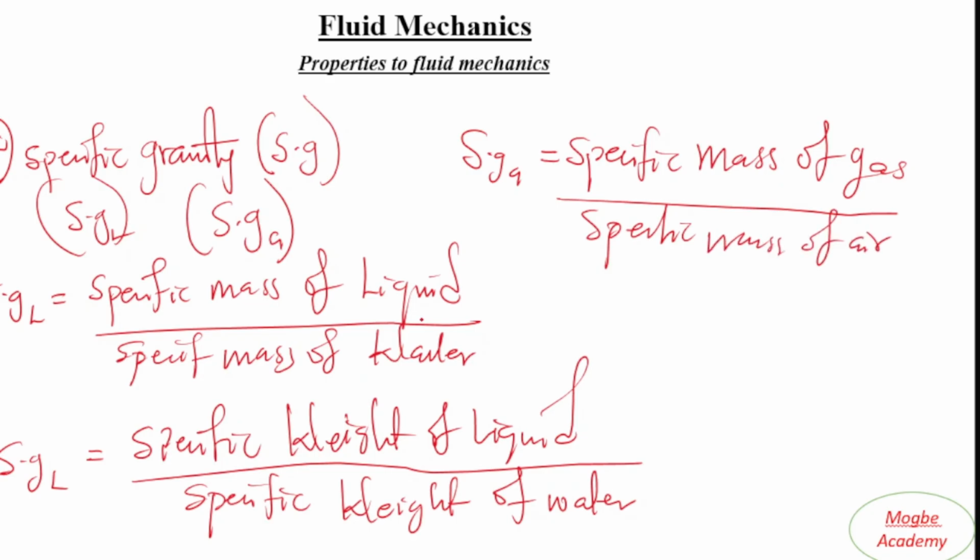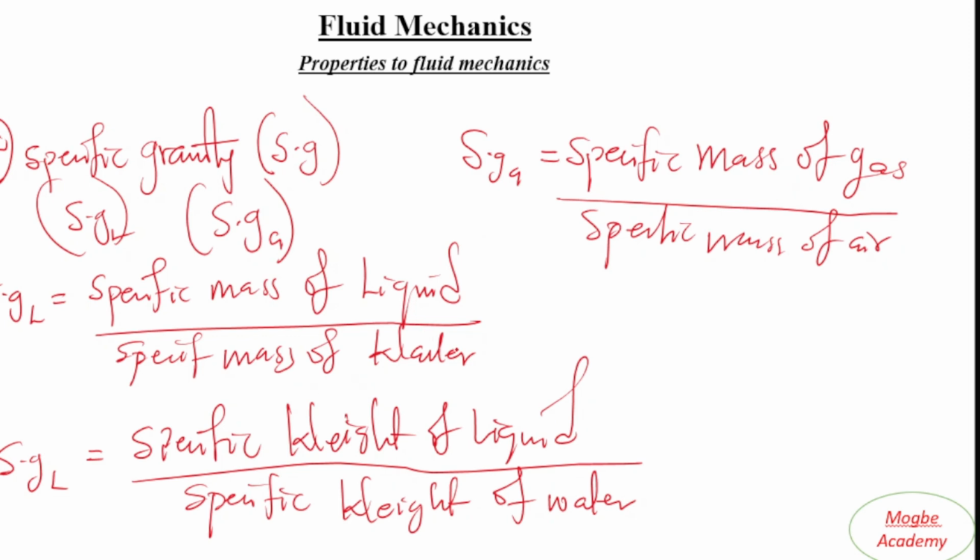You are going to be given the specific mass of air in your question, and you get the specific mass of that particular gas. You input those values into this formula and you get the specific gravity of that gas. Am I communicating?